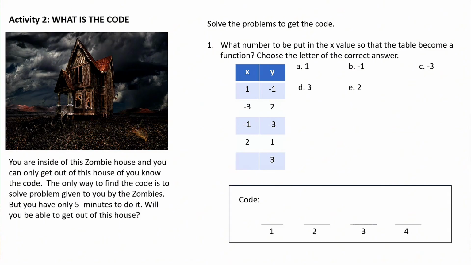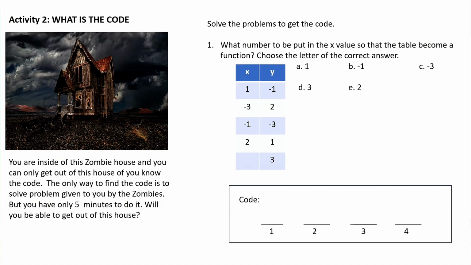Okay, let us answer activity number 2. So let us start with number 1. What number to be put in the x value so that the table becomes a function? Choose the letter of the correct answer. So we want this table to become a function. In order for this table to become a function, x values here must not be repeated.